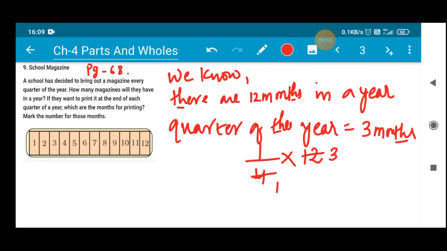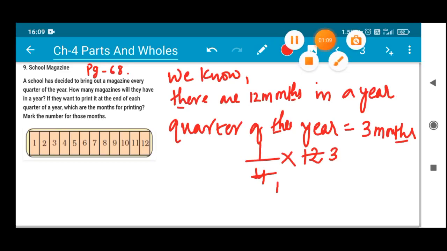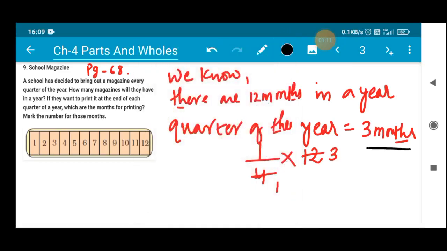Half of a year means 1 by 2 into 12, which is 6 months, isn't it? In this manner we calculate the month. Quarter of a year, 3 months. So we got the value: in every 3 months the school has to produce a magazine.